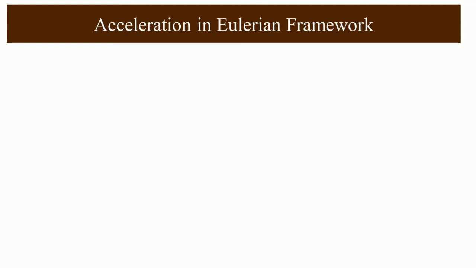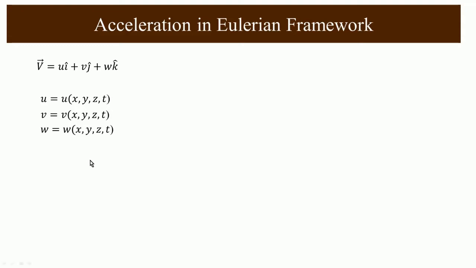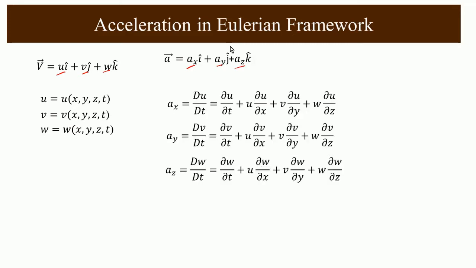Now whenever we say Eulerian framework, we basically define velocity at every point, where velocity is made of three scalar components, which are u, v and w. Similarly, acceleration, which is the derivative of velocity with respect to time, is also made up of three scalar components ax, ay and az.